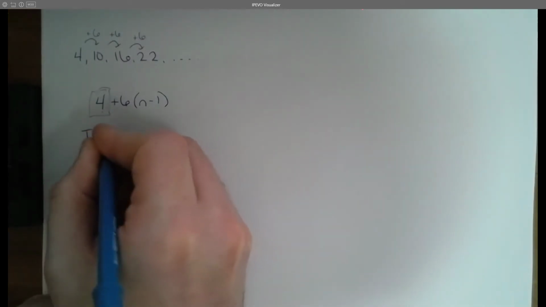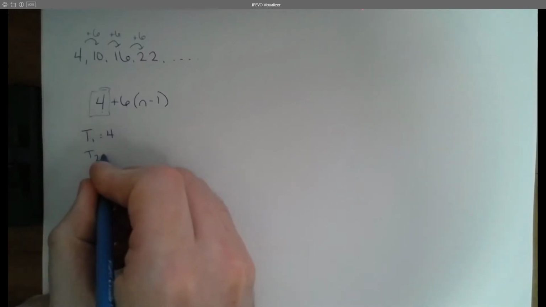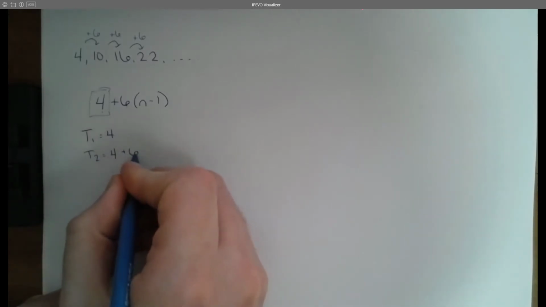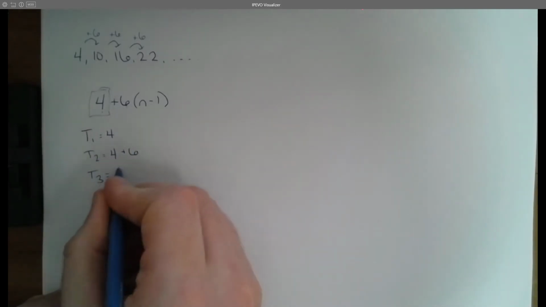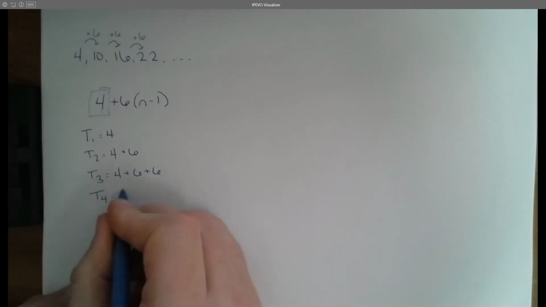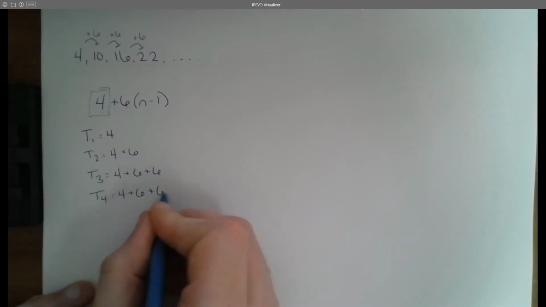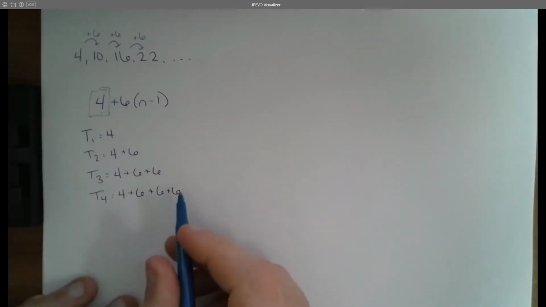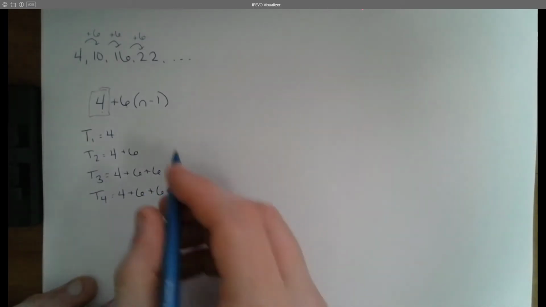Another way to find the general term is to simply write it out. So t1 equals 4, t2 equals 4 plus 6, t3 equals 4 plus 6 plus 6, t4 equals 4 plus 6 plus 6 plus 6. If we take a look here, we see that we're beginning to develop a pattern.